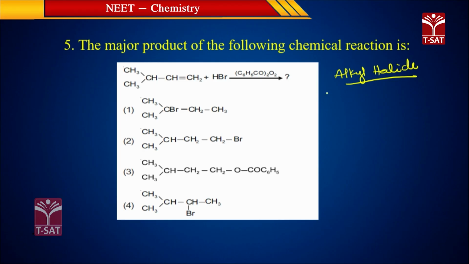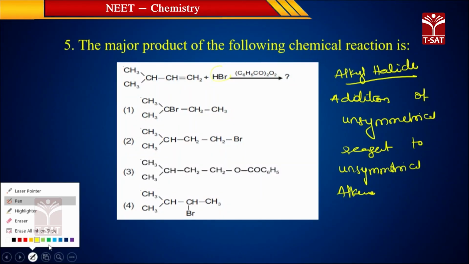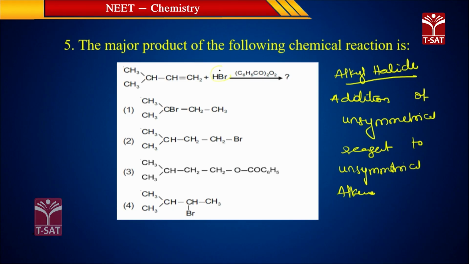This is an addition reaction, addition of an unsymmetrical reagent to an unsymmetrical alkene. So, this is an unsymmetrical alkene and HBr is an unsymmetrical reagent.